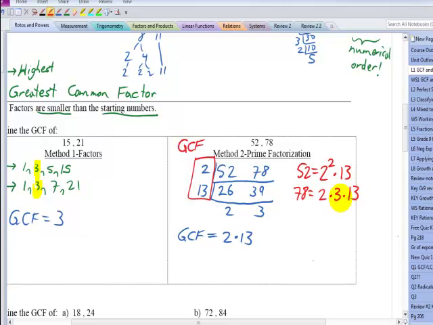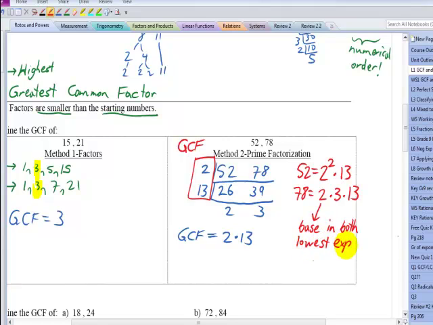Do you guys see how I'm getting the 2 into 52, and the 3 into 78? All right. So for the GCF, you want to have the base in both, and pick your lowest exponent.